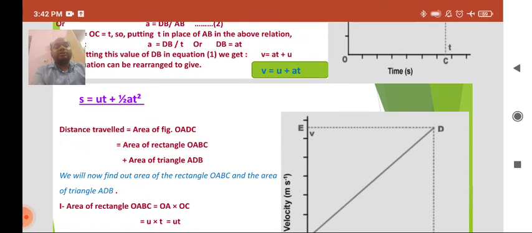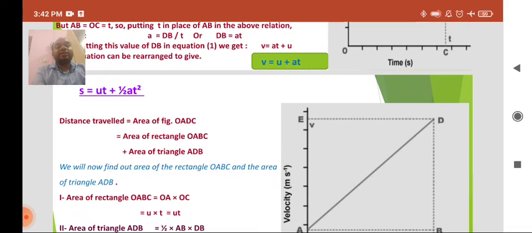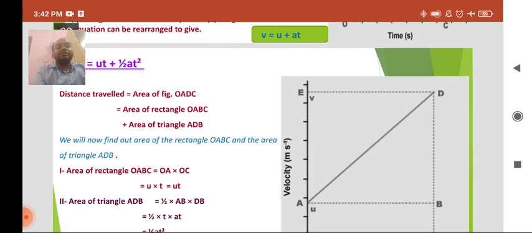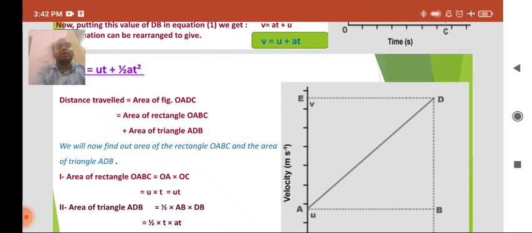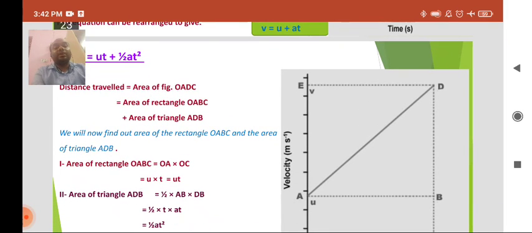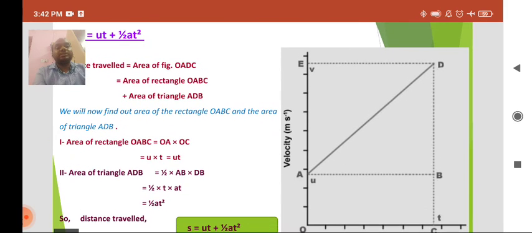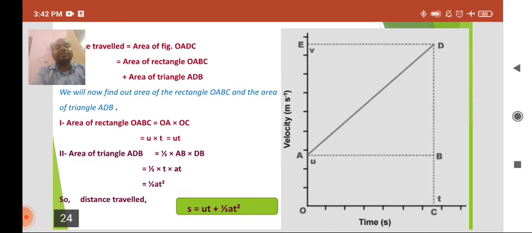So we can use s equals ut plus half at square. According to the figure, the distance travelled equals the area of the figure OADC, which equals the area of the rectangle OABC plus the area of the triangle ADB. We will now find the area of the rectangle OABC and the area of the triangle ADB.